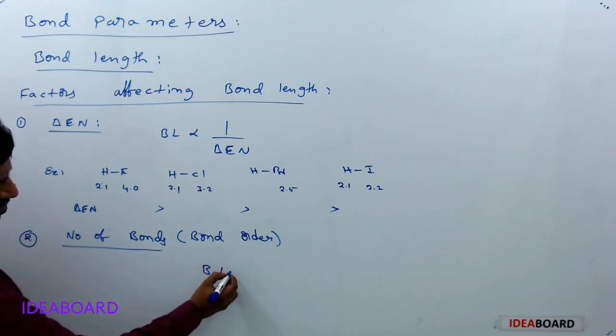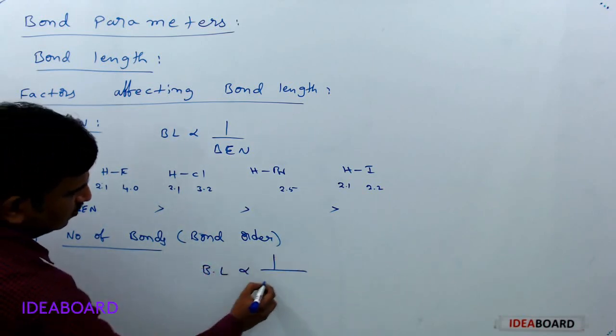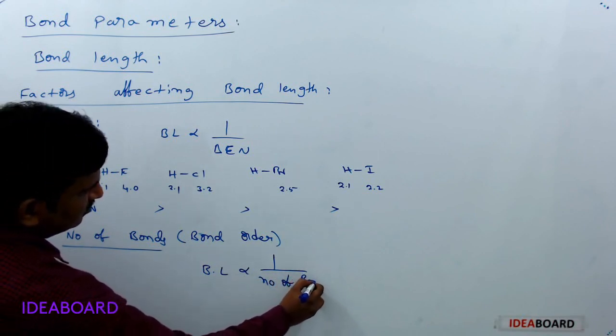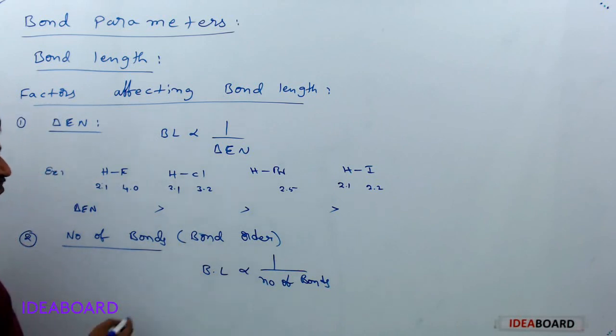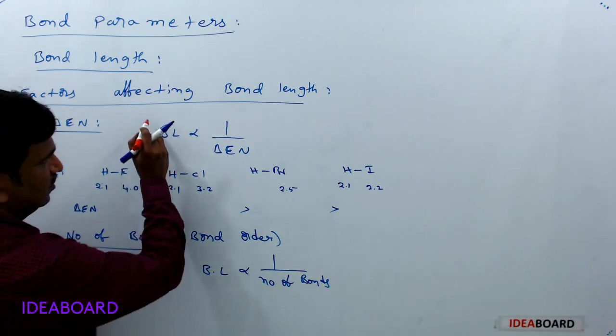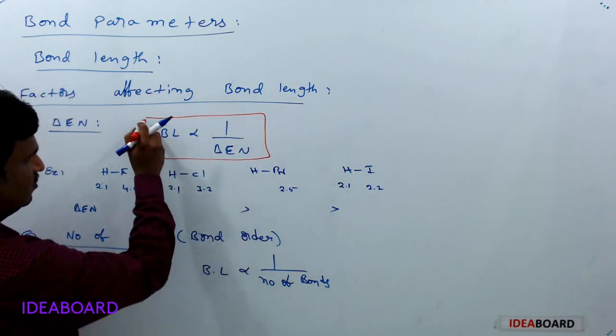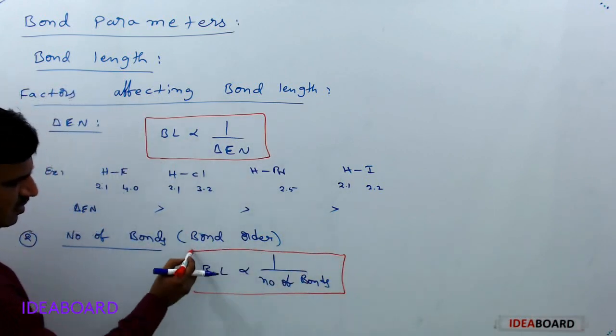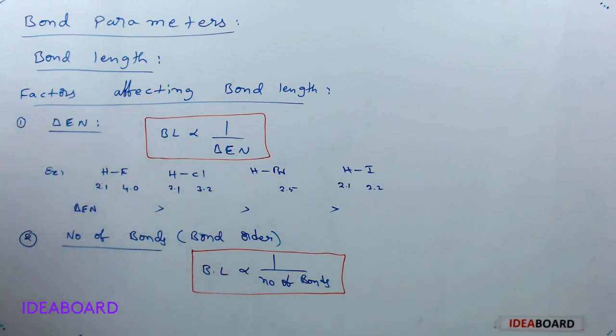The bond length is also inversely proportional to the number of bonds, or bond order. You simply remember this relation. How is this? By taking an example we can explain.